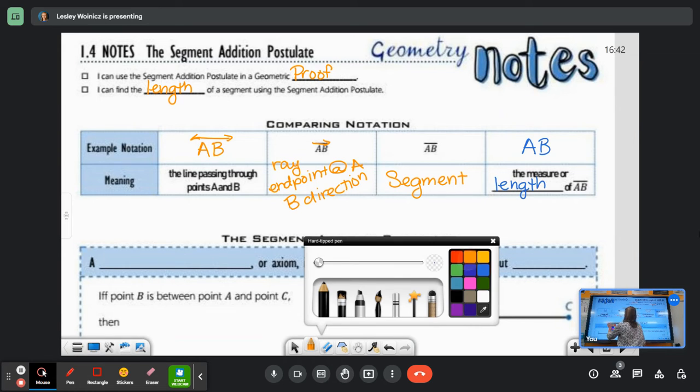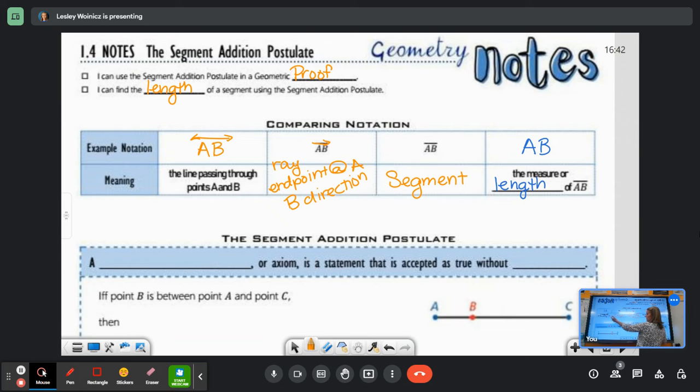You probably noticed that I did these three in orange. They all have something in common. These are all geometric figures. They're not really shapes, but they're figures. We can draw them.